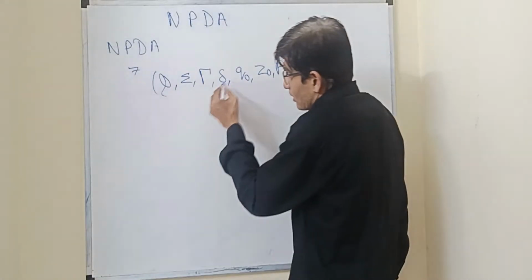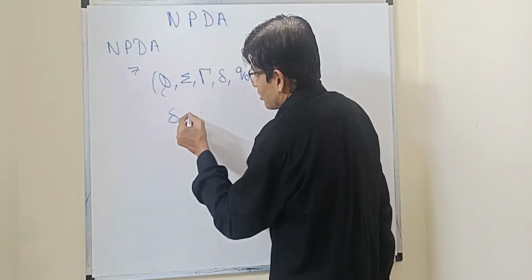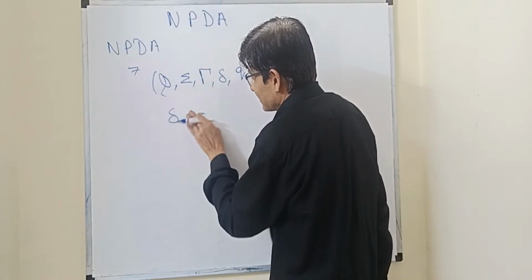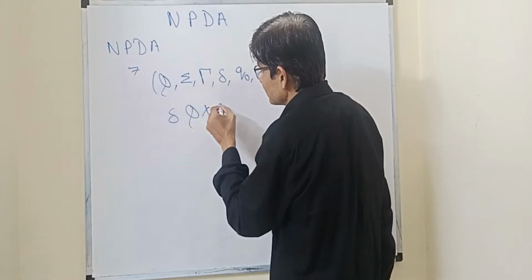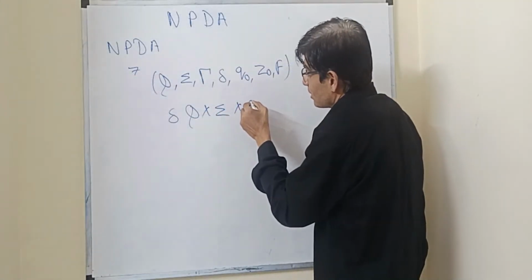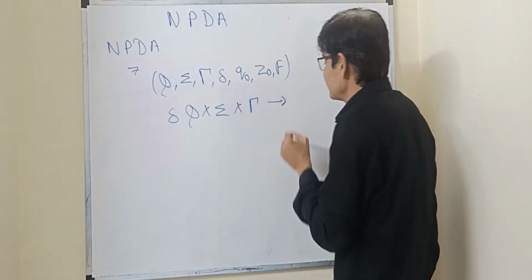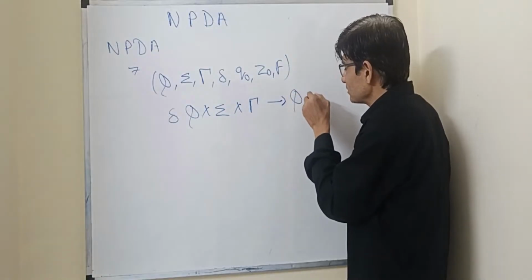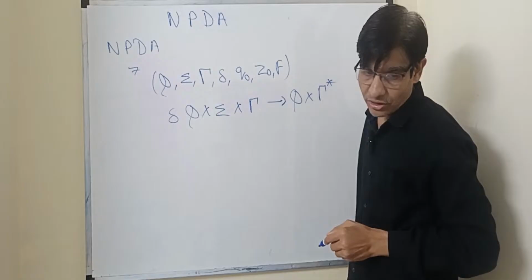Now in case of DPDA, the transition function is, as we have discussed, Q cross sigma cross gamma gives us Q cross gamma star, the Kleene closure of gamma.